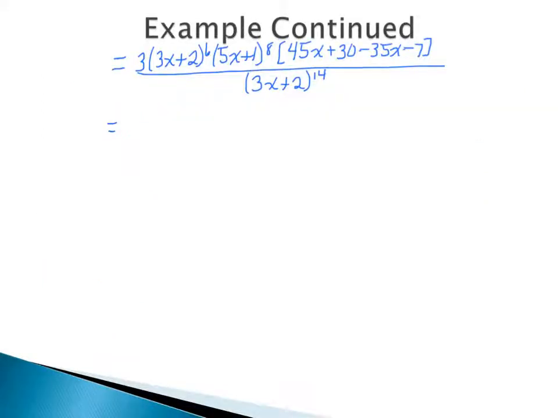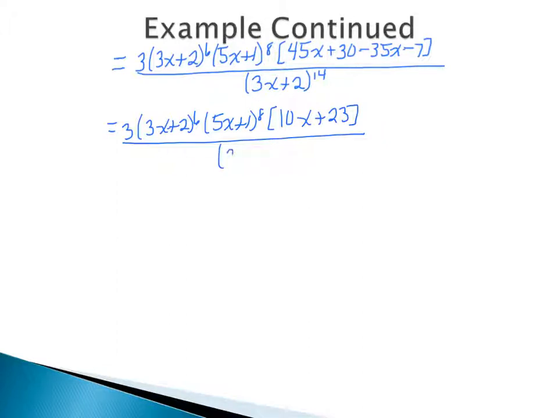Continuing to simplify inside the square brackets, combining like terms, 45x minus 35x would end up being just 10x. And then 30 minus 7 would be 23. So that gives us a simplified form of the numerator over (3x plus 2) to the 14th.